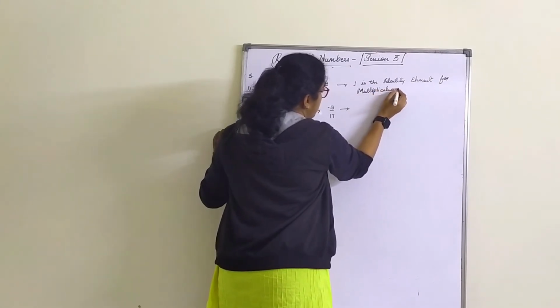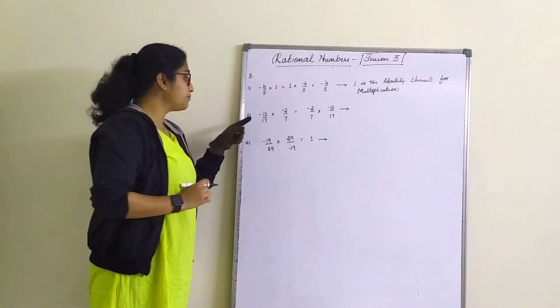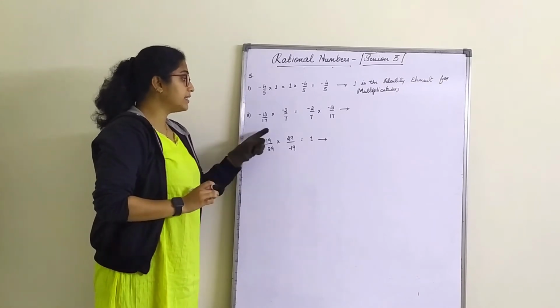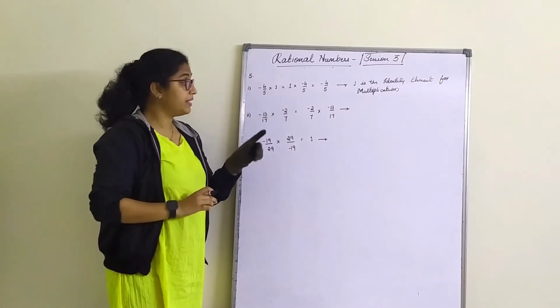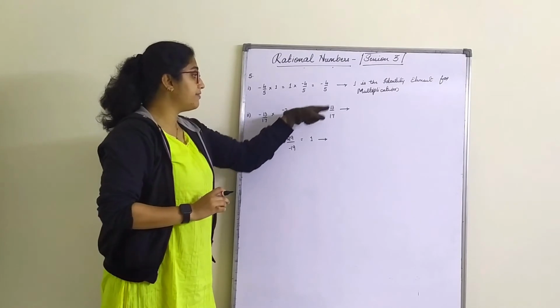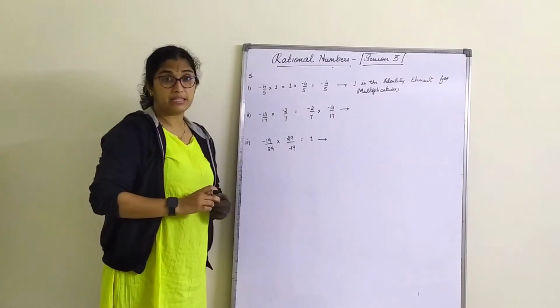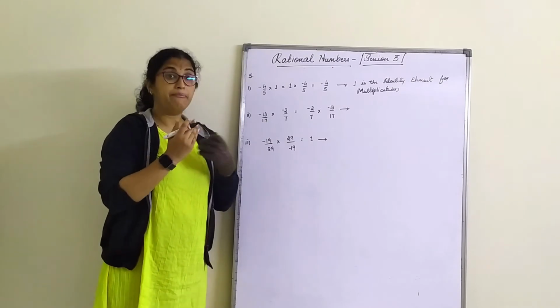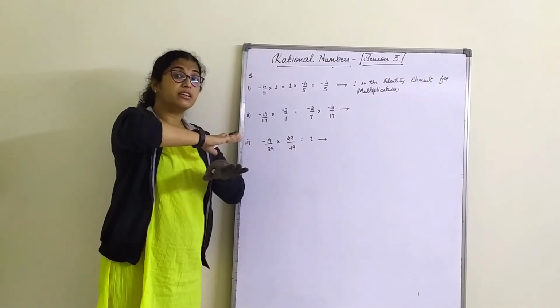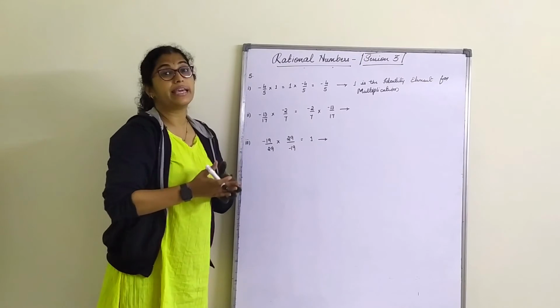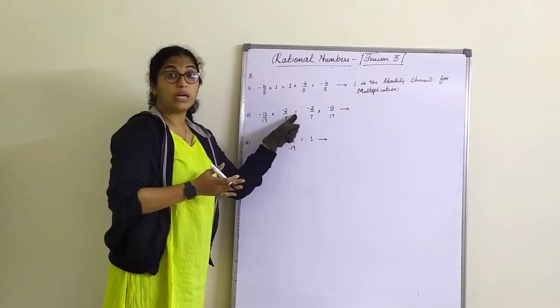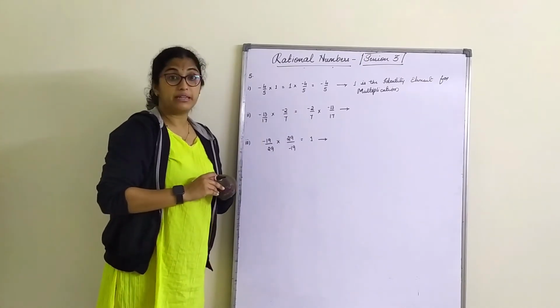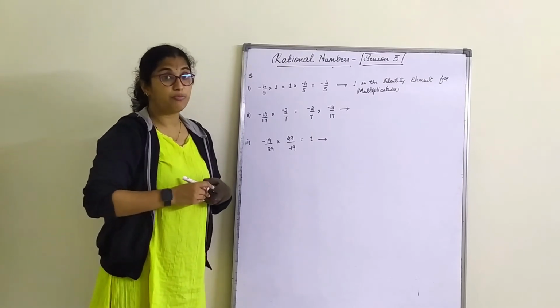Okay. Look at the next property. Minus 13 by 17 into minus 2 by 7 is equal to minus 2 by 7 into minus 13 by 17. That means if I have a set of two numbers, I multiply them, and if I interchange and multiply them also, I get the same answer. That's what equal to means. Which property is it? It is the commutative property.